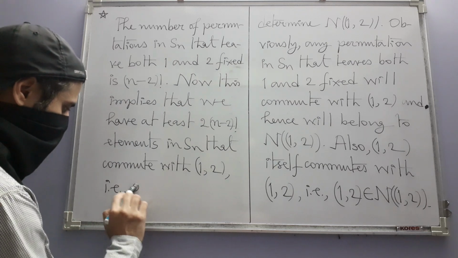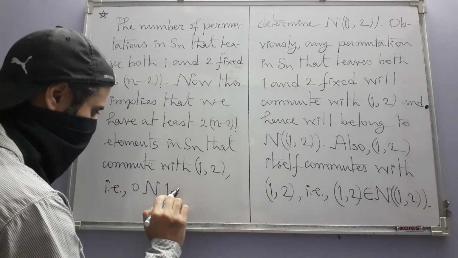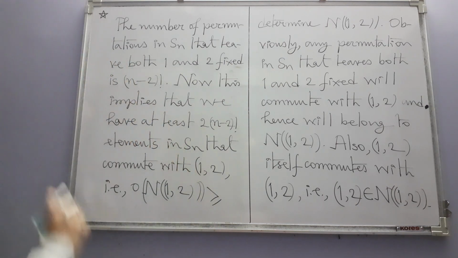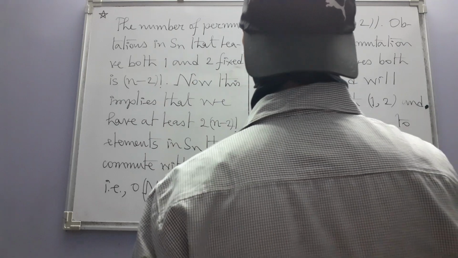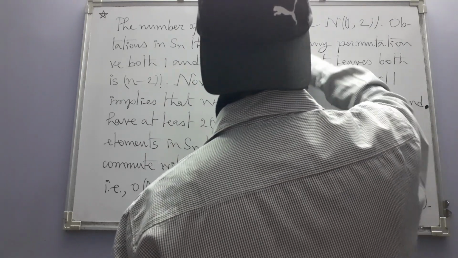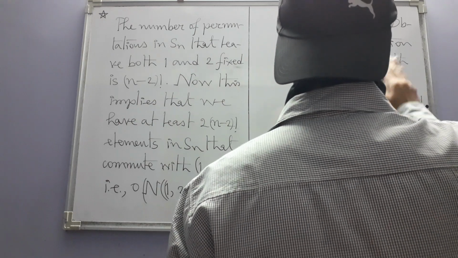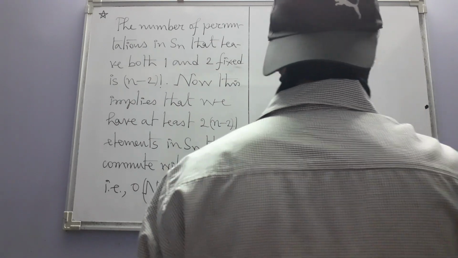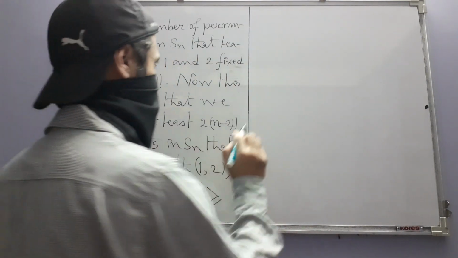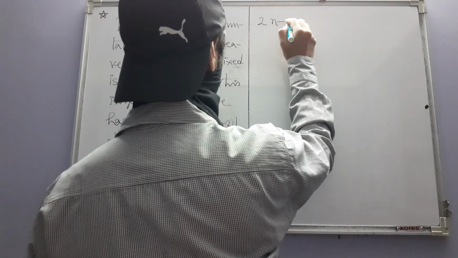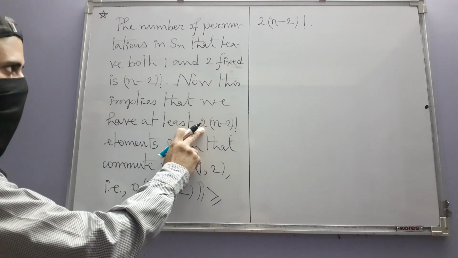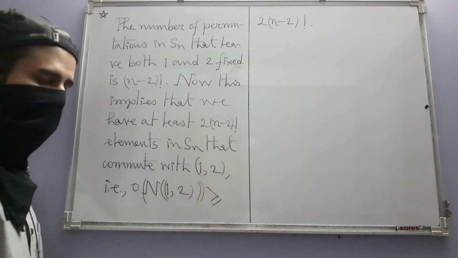In other words, the order of the normalizer of 1, 2 is at least this. But where is this 2 coming from? So to understand where this 2 is coming from, we have to take into account this element also.